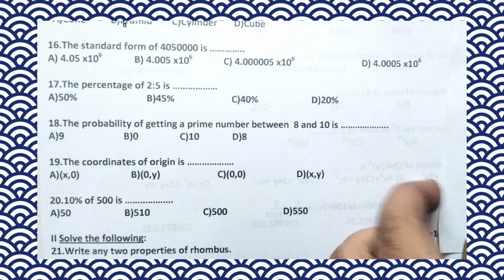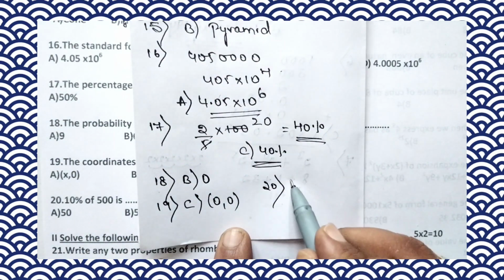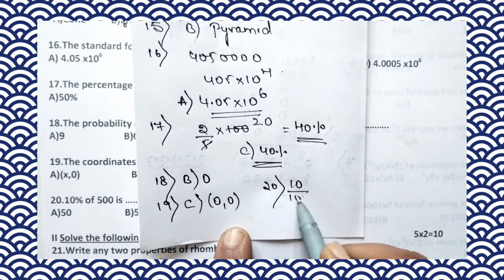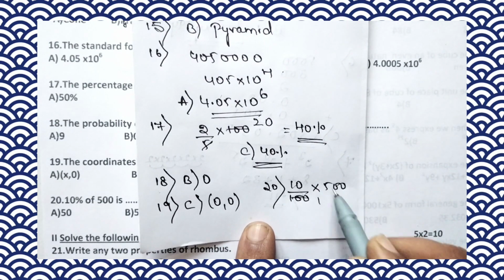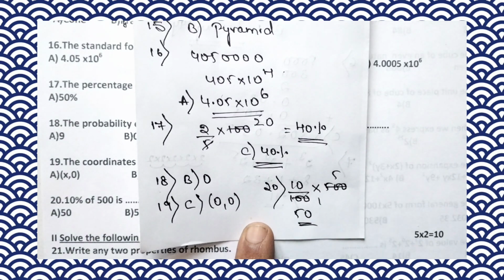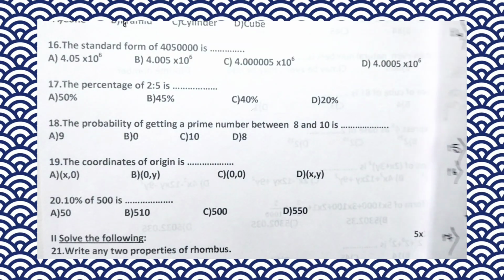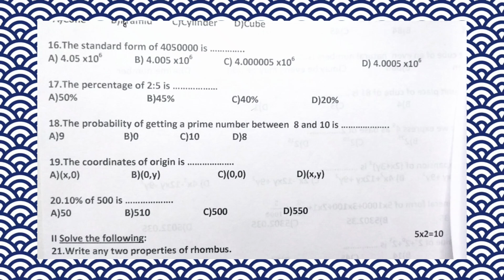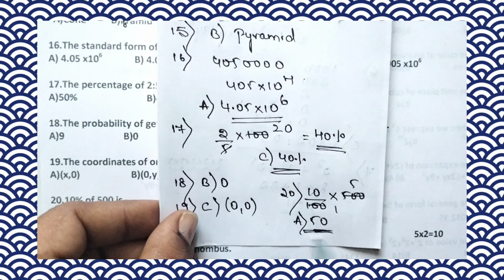So now let us answer that question. 10% means 10 by 100 into 500. 100 ones are 100, 100 5s are 500. So that is equal to 10 5s are 50, which is the answer. So for the 20th question, the right answer is option A, 50.